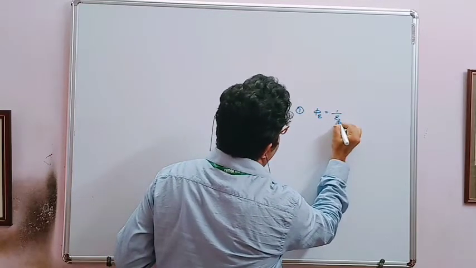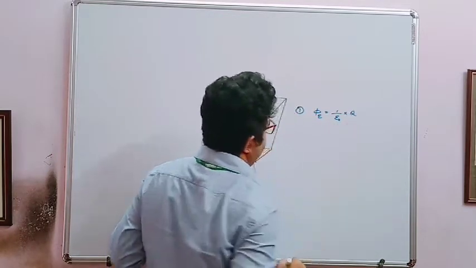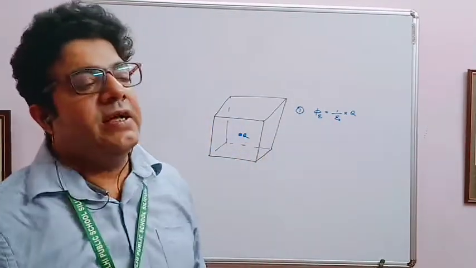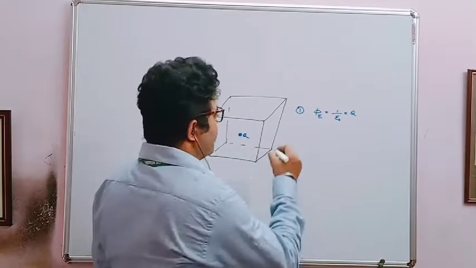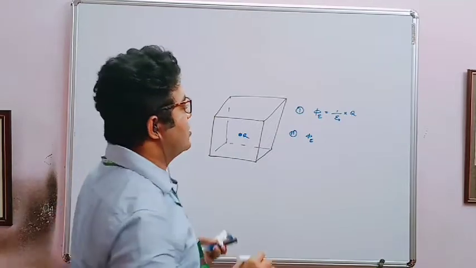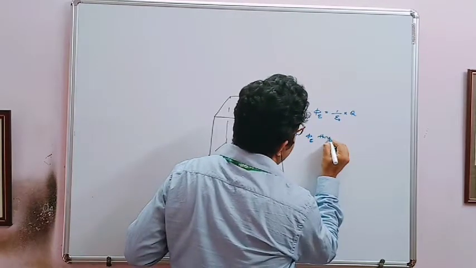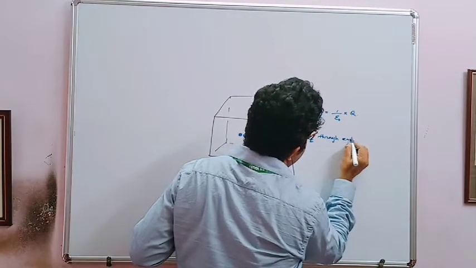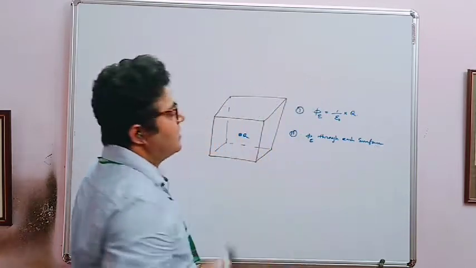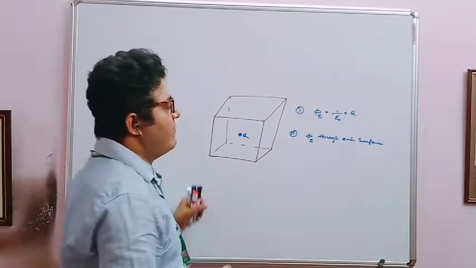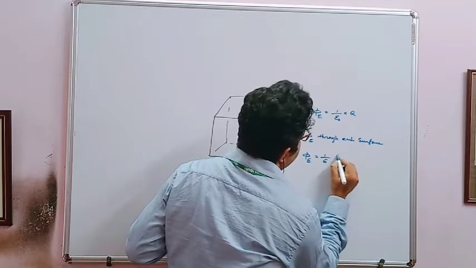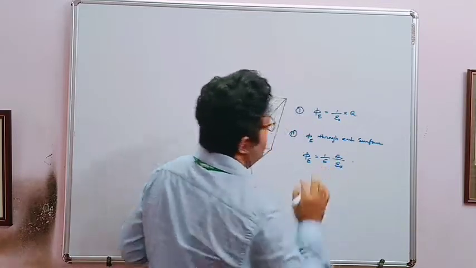The answer is 1 by epsilon naught into Q. Very simple, we all know, because that cubical Gaussian surface encloses the charge Q. Now the second question, they can ask to find the flux through each surface. So now how many surfaces do you have? 6 surfaces. So through each surface, 1 by 6 Q by epsilon naught.